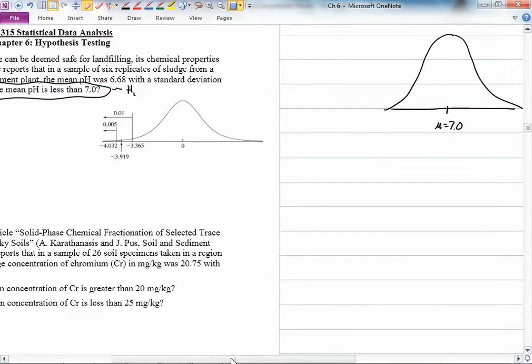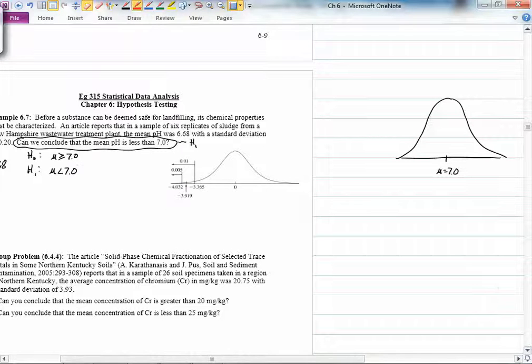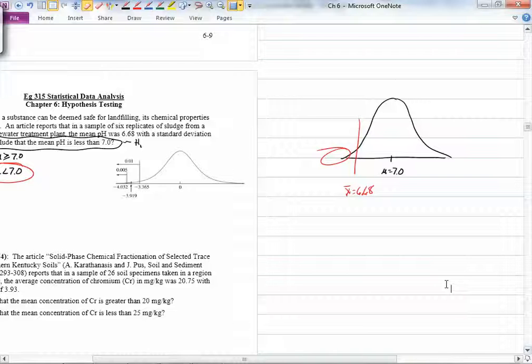Okay, so then to disprove the null hypothesis, what do we have? We would get results that are out here, right? The mean is less than 7. Another way to look at your alternative hypothesis is to look at your data and ask what your data seem to indicate. We got an x bar of 6.68. So I just drew that distribution.